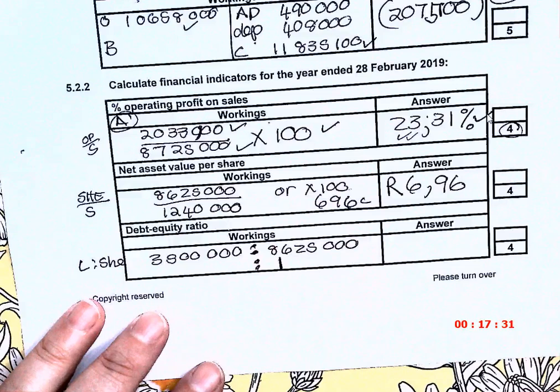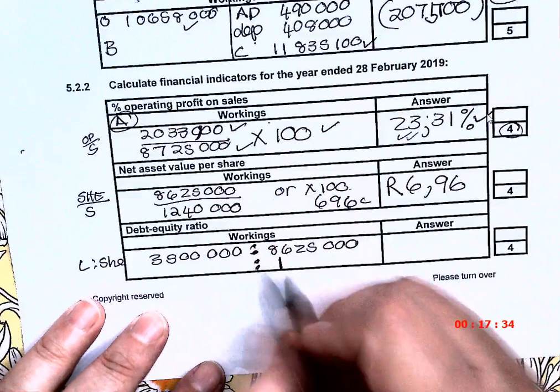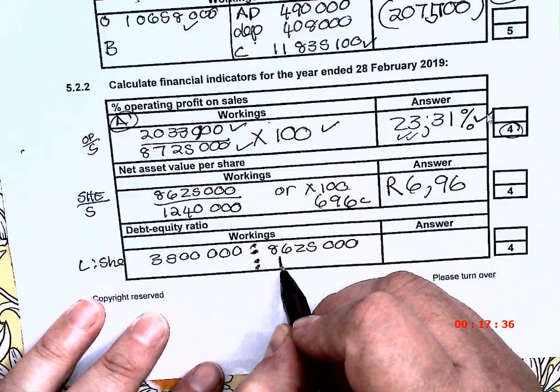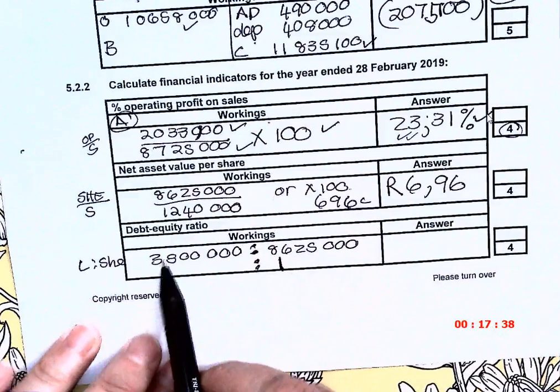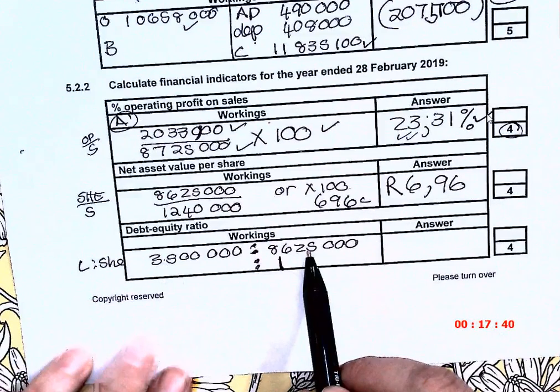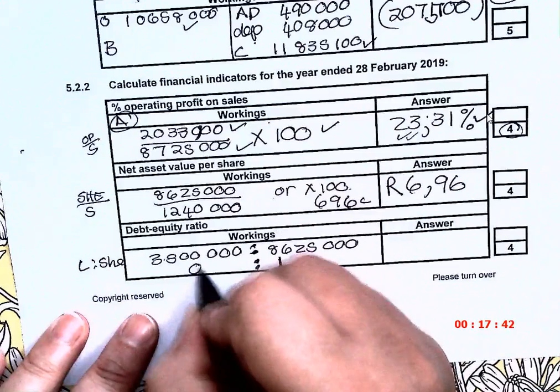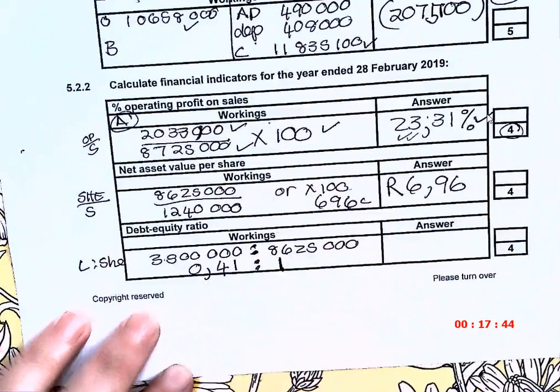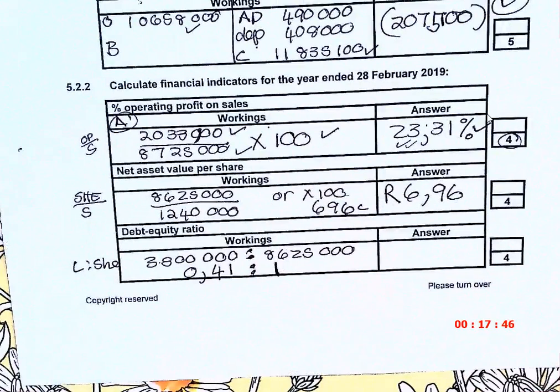Because I've said this 1,002 times already. So now I say 3.5 divided by 8.6 gives me 0.4. Meaning for every 1 rand that I got on my own, I borrowed 41 cents. Meaning in the end, it's 1 rand 41 that I have. You see? 1.41. Does it make sense? No.